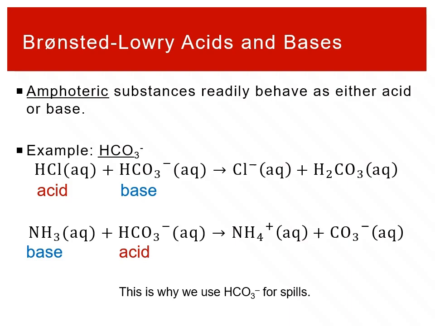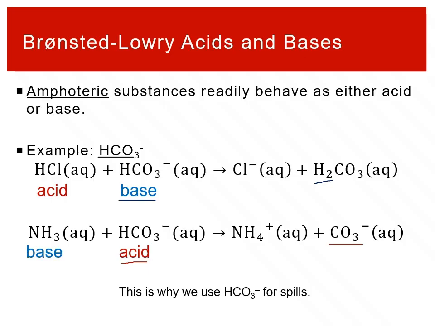So we could react HCO3 minus as a base here, where it reacts with HCl. It takes on a hydrogen and becomes H2CO3. It could also function as an acid, where it donates away a hydrogen and becomes CO3 2 minus.